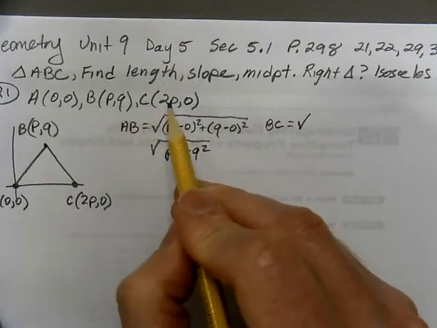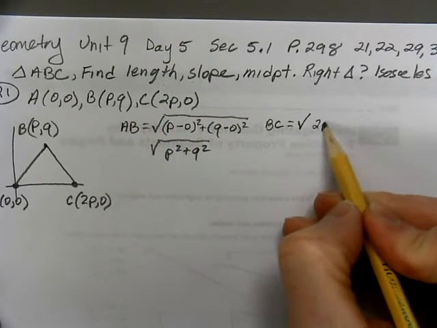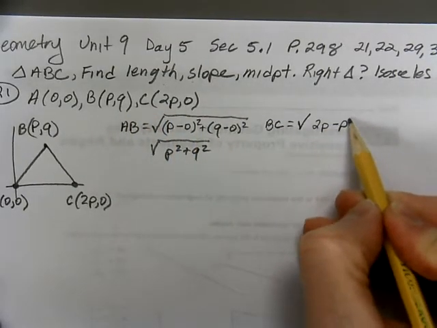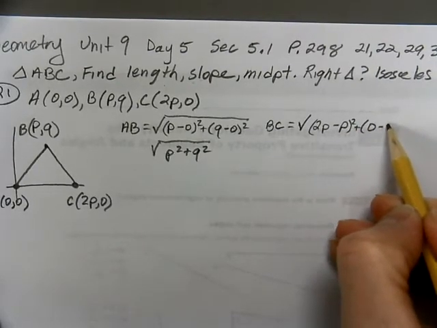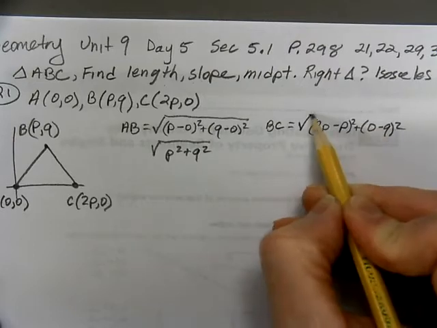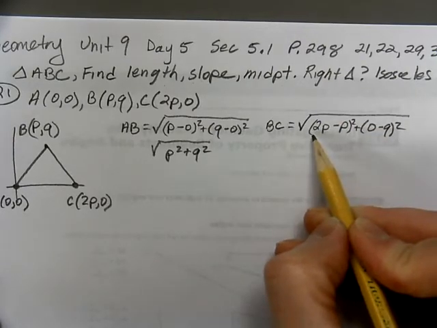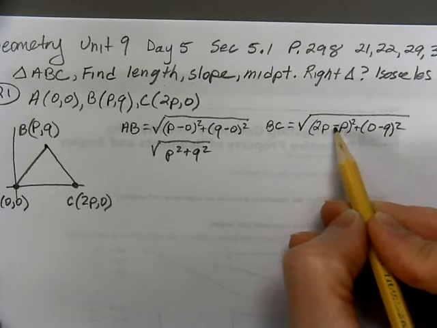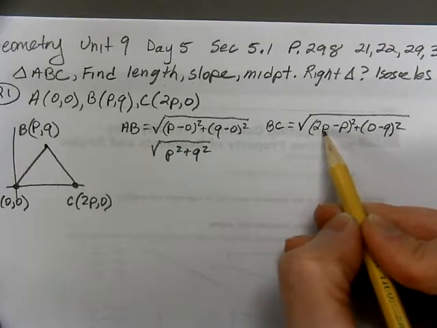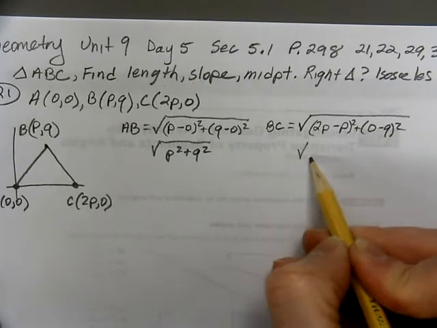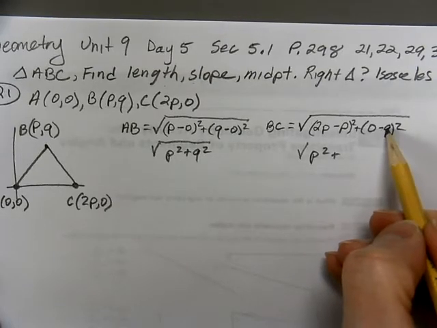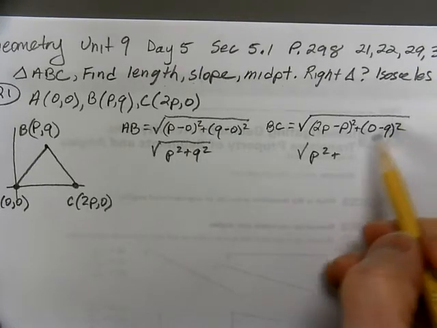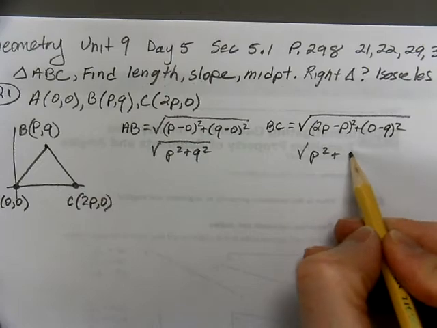BC, x2 minus x1, y2 minus y1. 2p minus p leaves you with 1p squared, and negative q squared leaves you with a positive q squared.